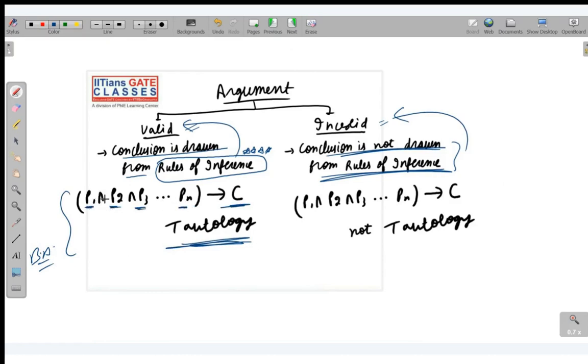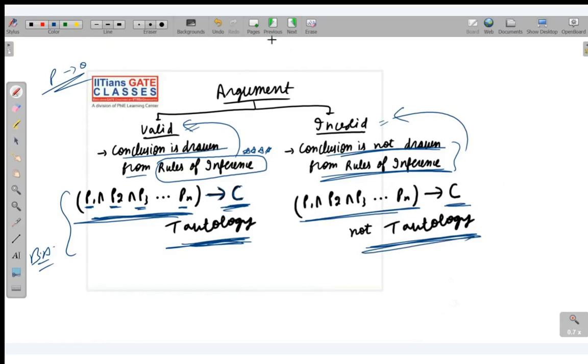That's why I've written AND between them. And this is your implication symbol which you have studied, like P implies Q. This is implication, and C is the conclusion. So from these premises implies this conclusion, and this should be a tautology. Only then will you say that the argument is valid. And when the argument is not valid, it is not a tautology.